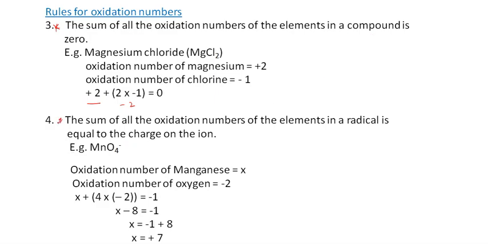The next rule is that the sum of all the oxidation numbers of the elements in a radical is equal to the charge on the ion.